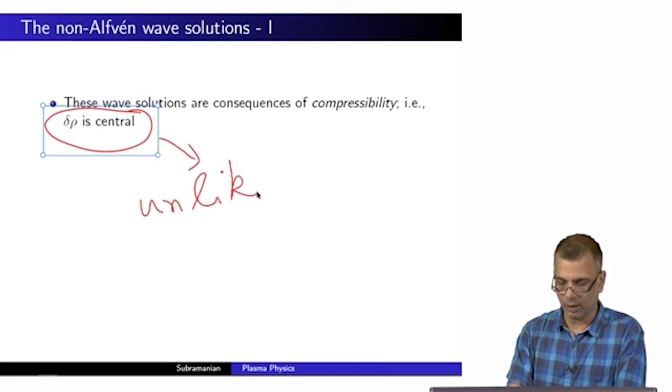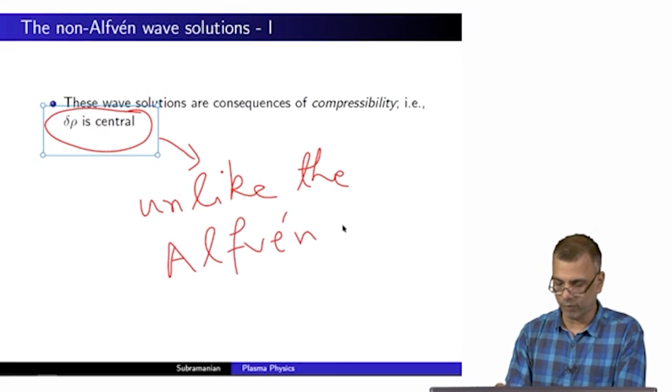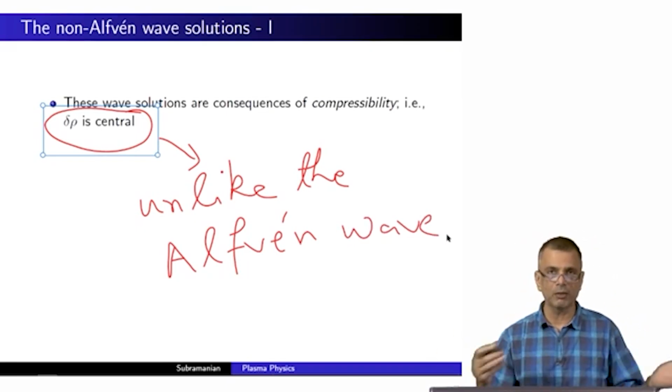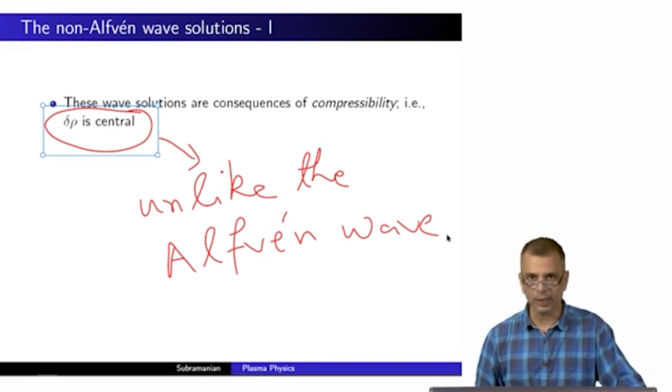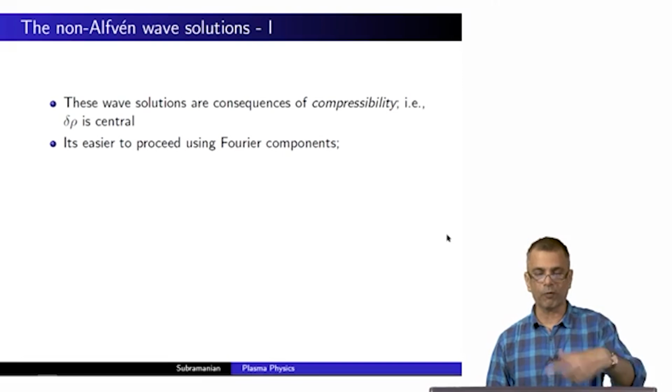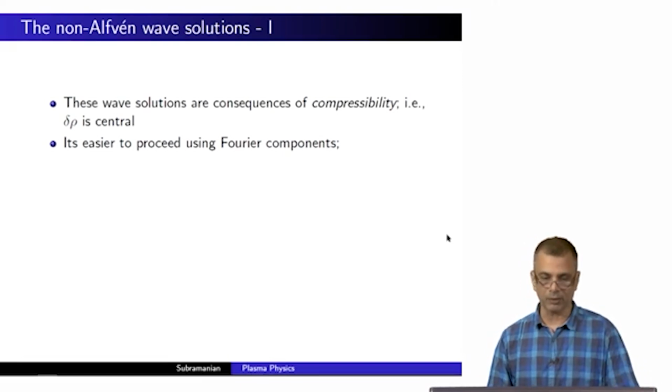Unlike the Alfvén wave, which was incompressible, there was no need to invoke a delta rho and a delta p. Here, the delta rho is central, as we will see for these particular kinds of waves.